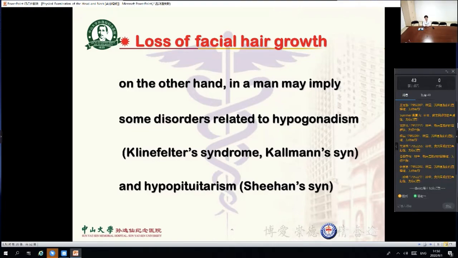And in some situations, the patient may show loss of facial hair growth. What does this mean? In a man, if he's suffering the loss of facial hair, this implies some disorders related to hypogonadism. There are some different syndromes associated with the hypogonadism.